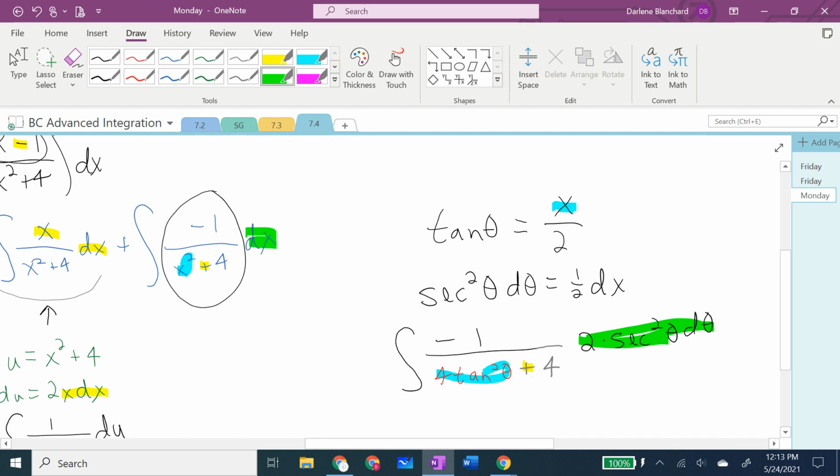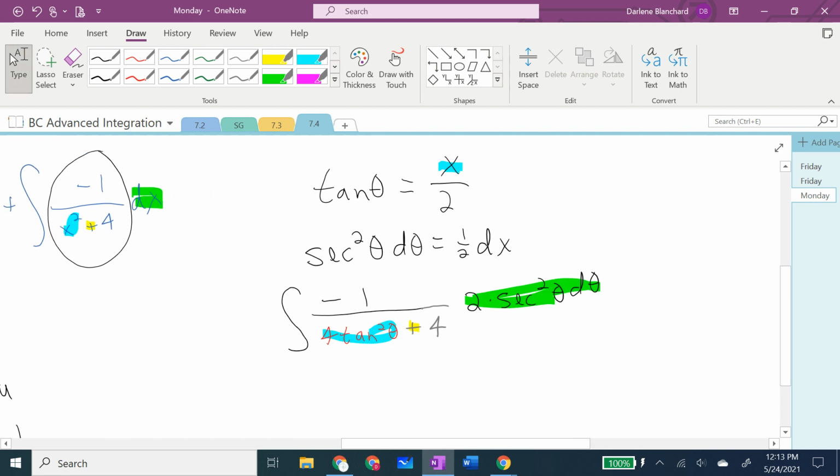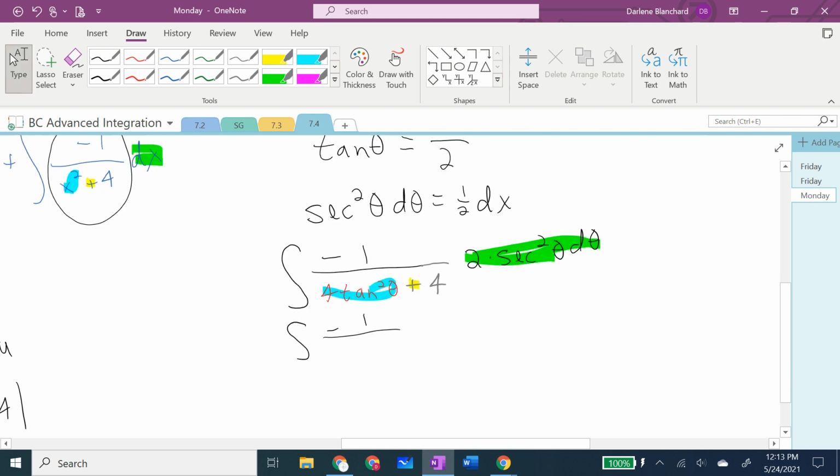Now, do you recognize 4 tangent squared plus 4? Four tangent squared plus 4 is 4 times tangent squared plus 1, otherwise known as secant squared.